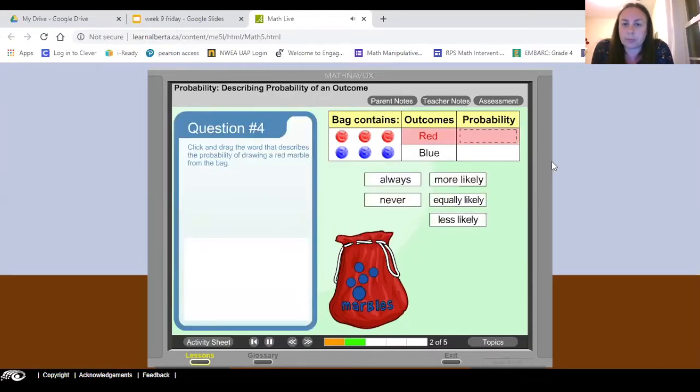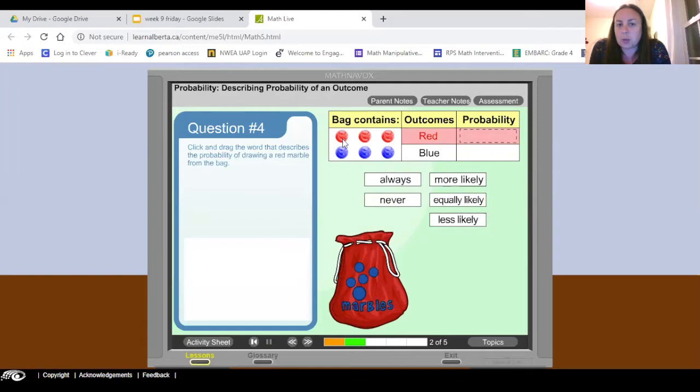Click and drag the word that describes the probability of drawing a red marble from the bag. All right, well, since there are red marbles in the bag and there are blue marbles in the bag, we will not always, or it is not certain that we will pick one color or the other. Because there is red and there is blue, we wouldn't select never or impossible.